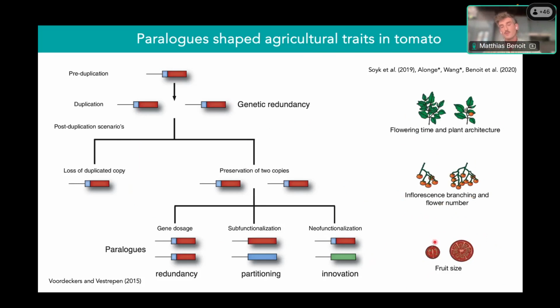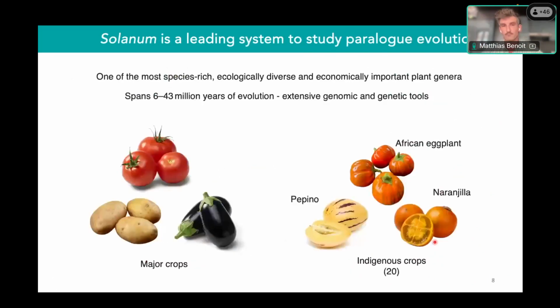So we have a good sense that those duplications can be an issue when we try to modify desirable traits in tomato. But for now, we still lack a good understanding of whether that's also true at larger evolutionary scales, especially when you would like to engineer phenotypes in species that are evolutionarily related, but that diverged quite a long time ago from each other.